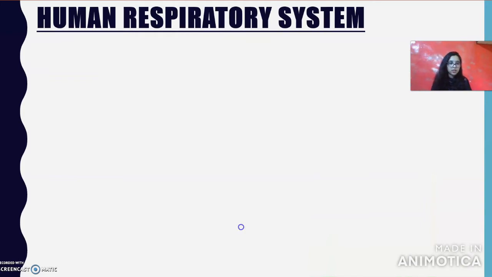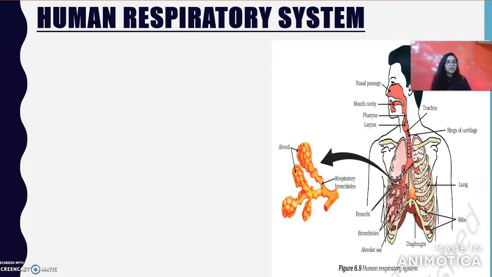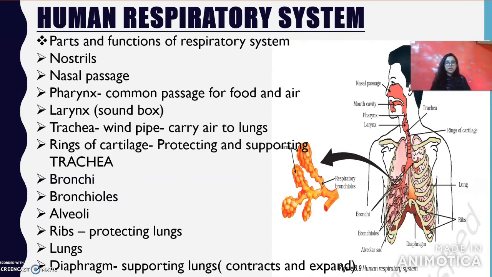Human respiratory system. Now, if you see this picture, you will see many names, right? But if you use your own body to name the organs, then it will be easier for you. Now let us see nostrils. This is the first member of the respiratory system, which is doing the external respiration.